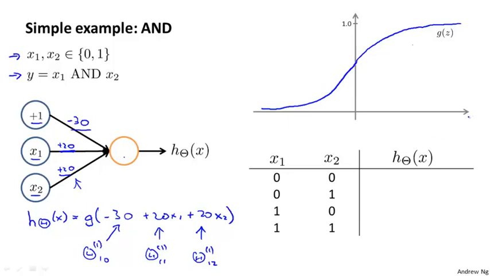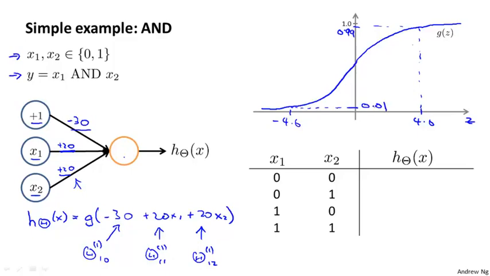And to give you some landmarks, if the horizontal axis value z is equal to 4.6, then the sigmoid function is equal to 0.99. This is very close to 1. And kind of symmetrically, if it's negative 4.6, then the sigmoid function there is equal to 0.01. This is very close to 0.